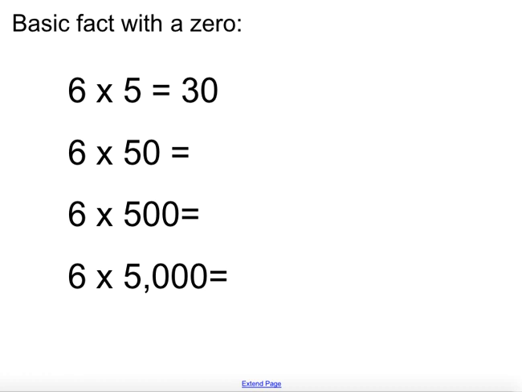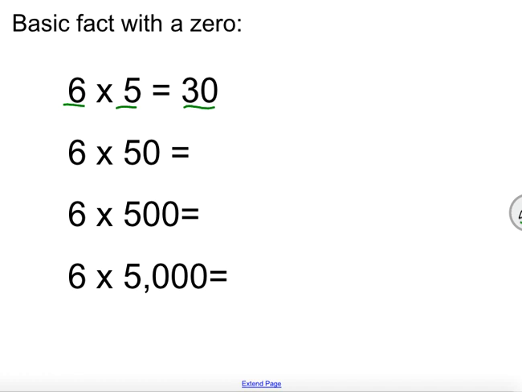Okay, so this is what I was talking about with the basic fact with a 0. We have the basic fact, 6 times 5 is 30. So this is very important. I have to be very careful with my zeros. Again, one good strategy is to write the basic fact down first, then add the zeros.